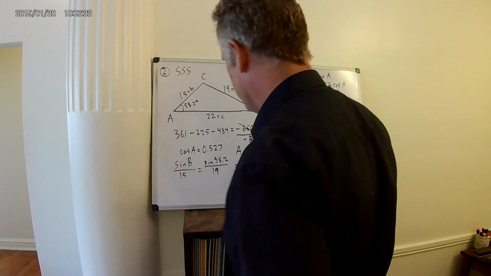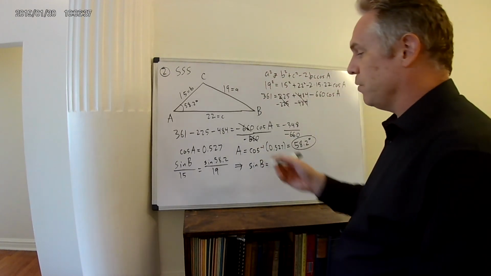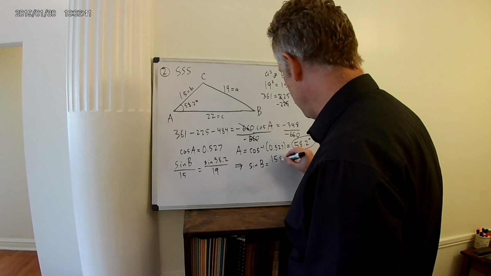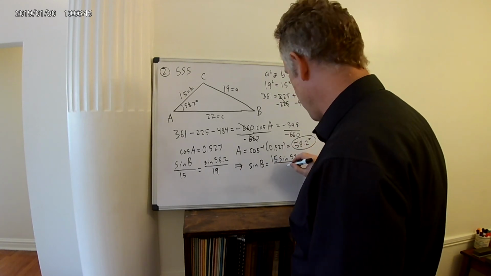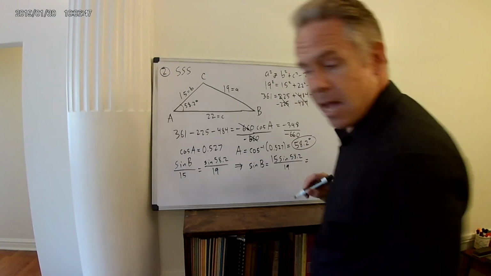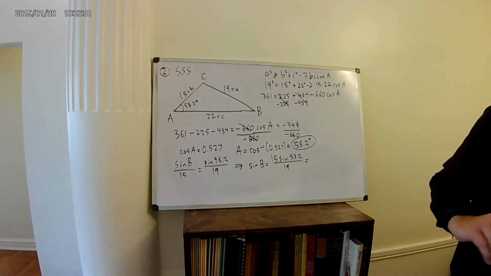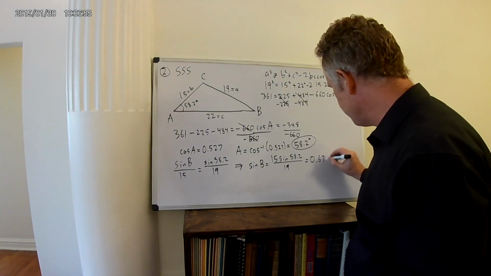If we solve for sine of B, and again, you guys can check the arithmetic on this, sine of B equals 15 times sine of 58.2 divided by 19, okay? And this comes out to 0.671.